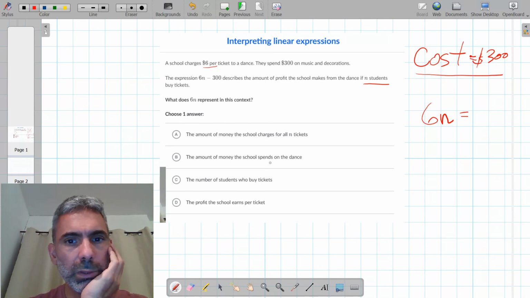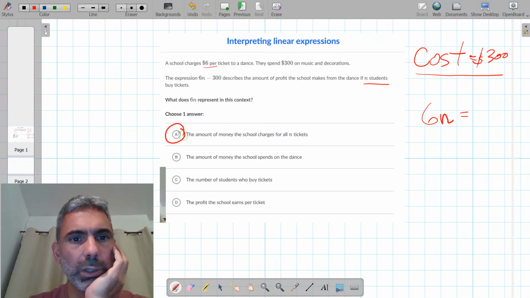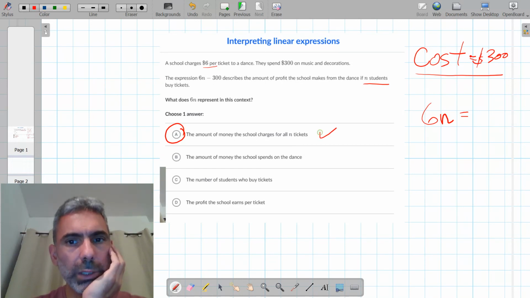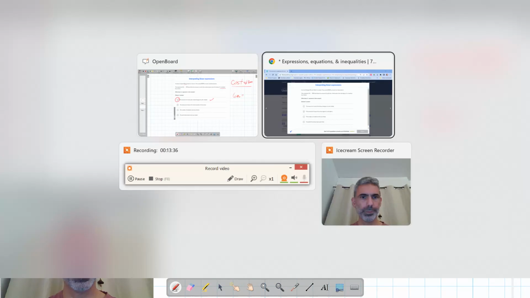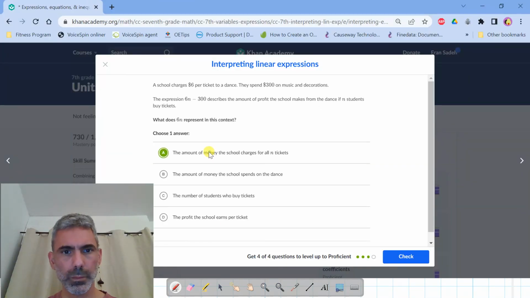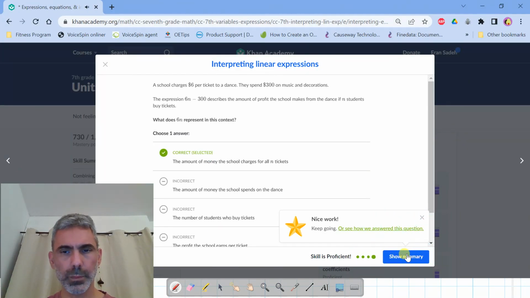The amount of money the school charges for all n tickets, yes, this one. Good.